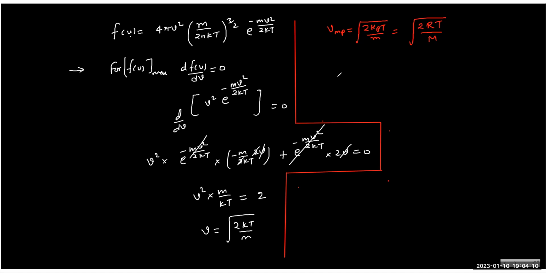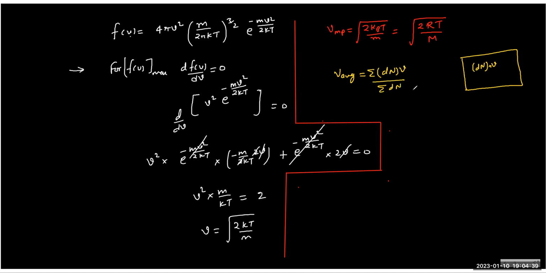So now the question is how to explain the average velocity. What is the average? So in a system of molecules, let's say dn molecules having velocity v. So how do you find the average? dn into v, then you add all values and you divide by dn, right?